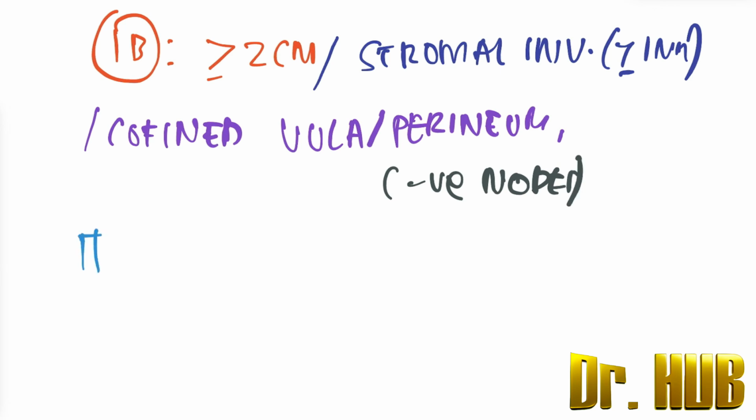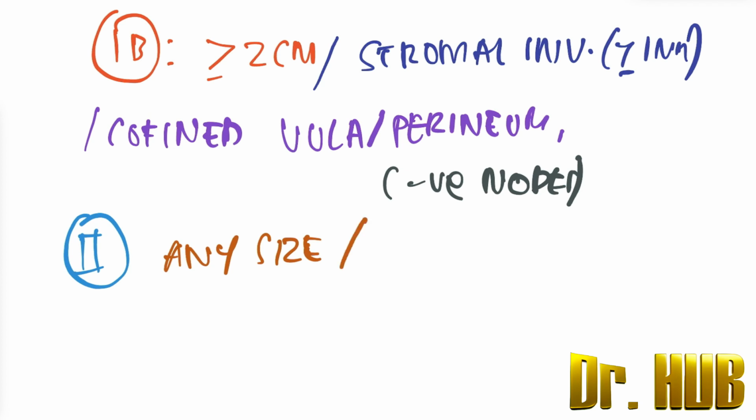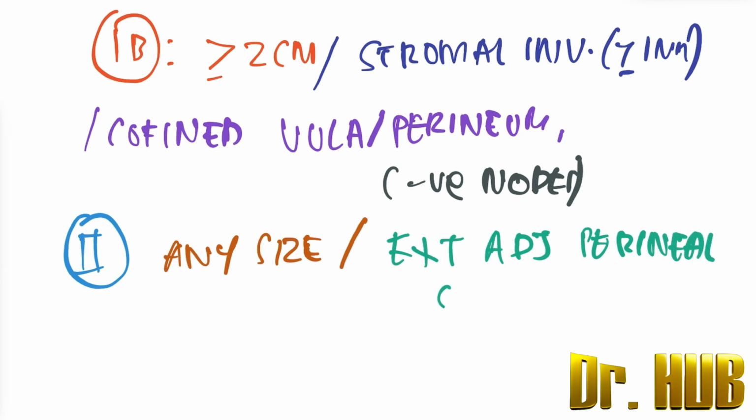Then we move on to stage 2. Stage 2 refers to a tumor of any size with an extension to the adjacent perineal structures. What does this mean?